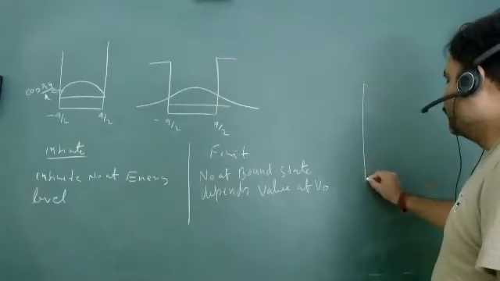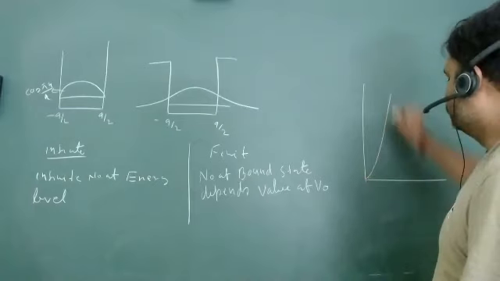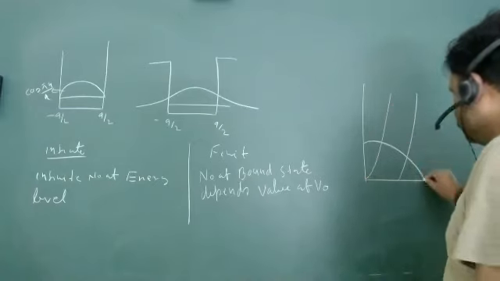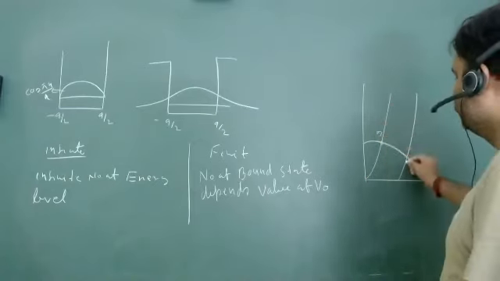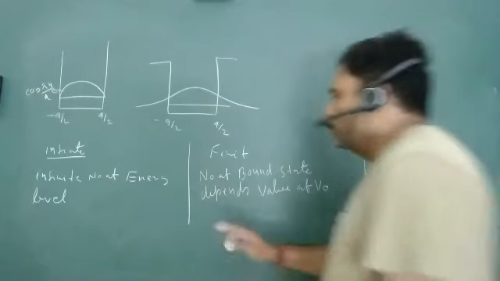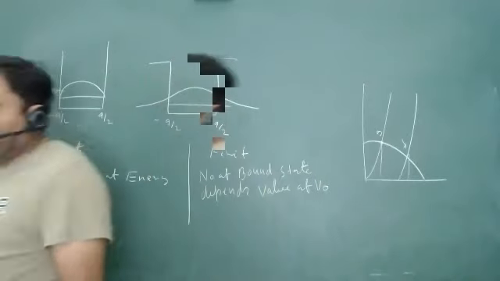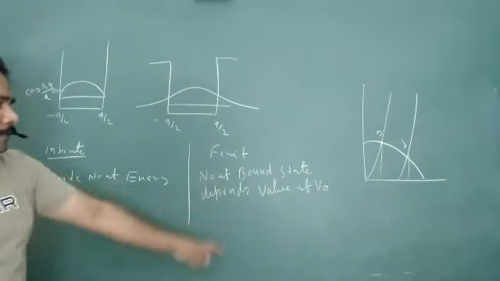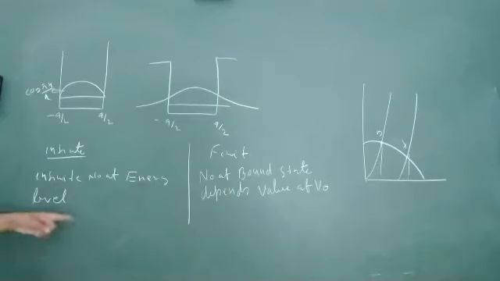Suppose I have this kind of situation. This is your ground state, this is your first excited state. So both are discrete levels. But yes, the discreteness is going to change here. For the infinite box, En is proportional to n square.